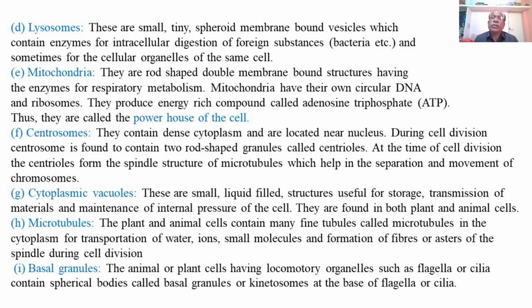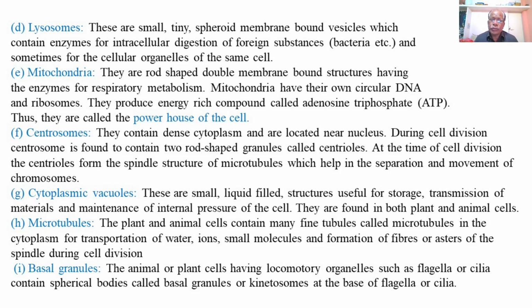This is also a speciality of this cell organelle, the presence of its own DNA in the mitochondrial matrix together with the ribosomes, and thus it can synthesize a variety of proteins or enzymes essential for energy metabolism. Thus the mitochondria are called semi-autonomous bodies of the cytoplasm because of the presence of their own DNA. They produce the energy-rich compound called ATP or adenosine triphosphate. Thus the mitochondria are called the powerhouse of the cell.